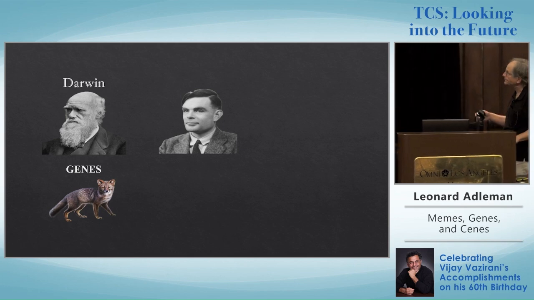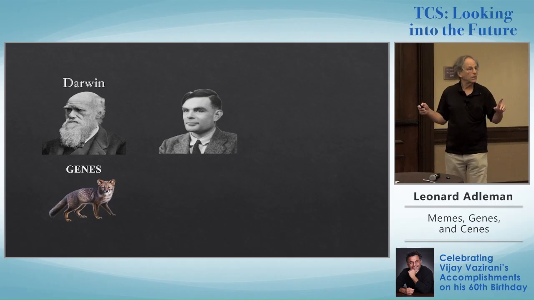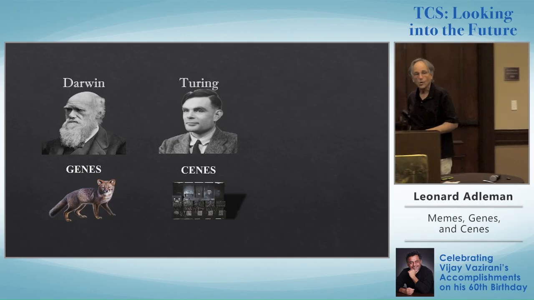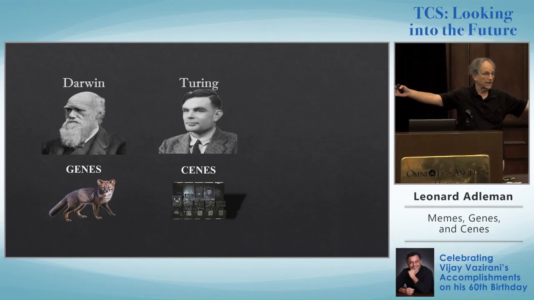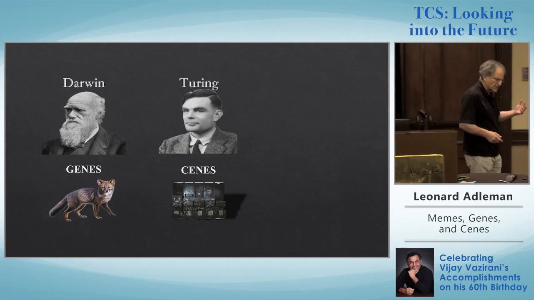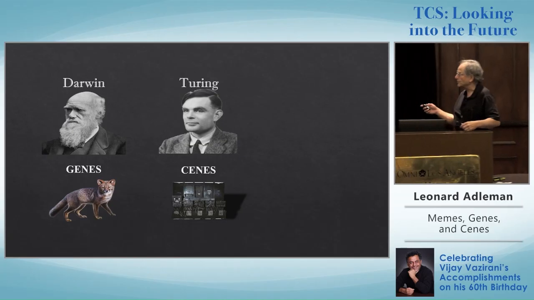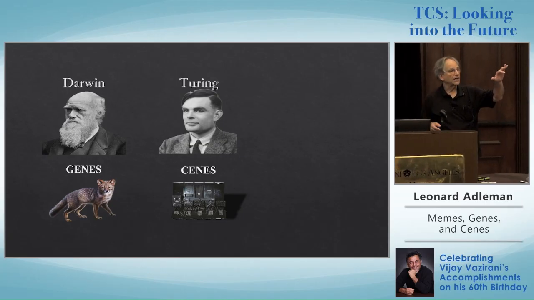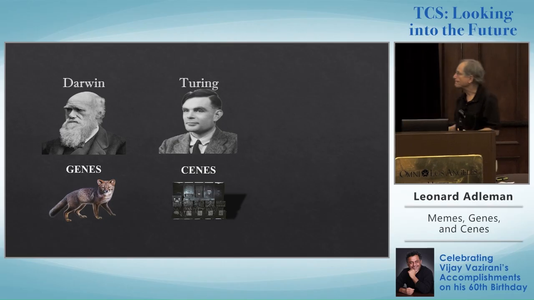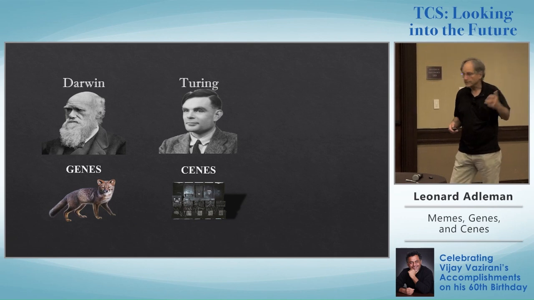And that the analog of the gene in the natural world was the stuff stored in computers, right? Which I came to give a name to, scenes, okay? And this is a portmanteau from computers and genes, scenes, okay? And so scenes are the analog in the computer world of genes.